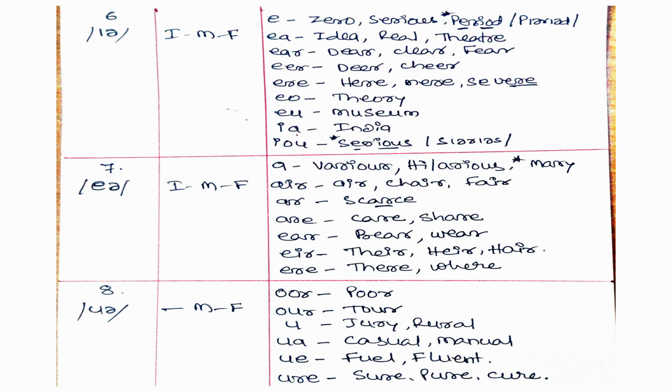Now, with EAR, in the words such as DEAR, dear, CLEAR, clear, FEAR, fear, with the letters EER, DEER, that is deer, we say.